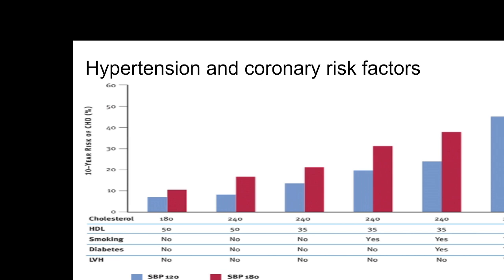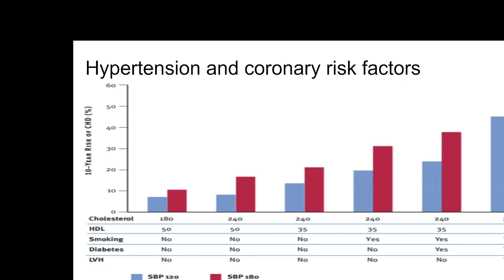If the cholesterol level is 240, but the high-density lipoprotein is within 50, and there is no smoking and the person is non-diabetic, the risk is not very highly increased. Whereas if the person has a lower high-density lipoprotein and the cholesterol level is at 240, then the risk increases. If the patient is smoking, the coronary risk further increases.